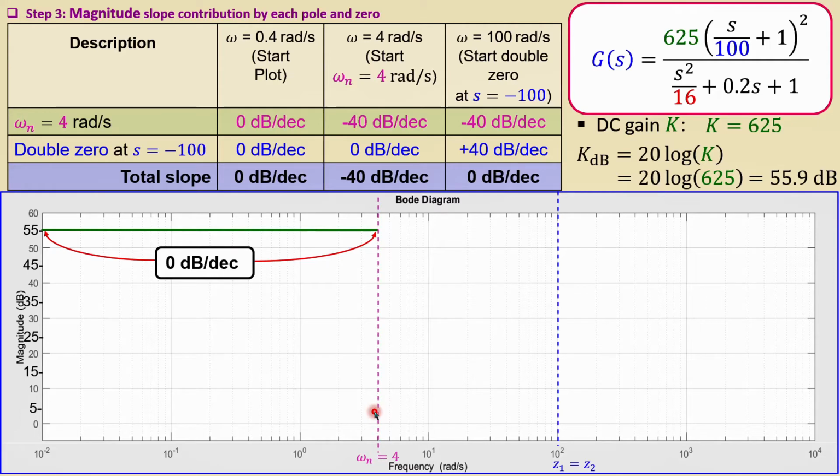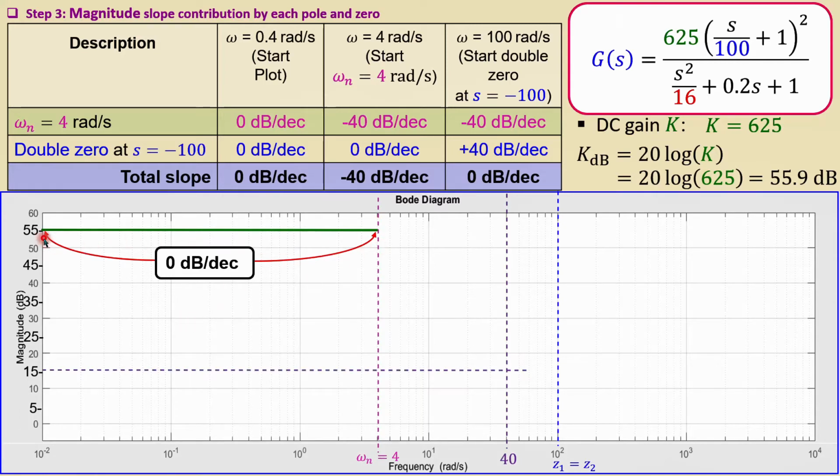The next segment is the part from 4 to 400. Now, in order to draw that more accurately, I have designated another point, which is 40, because that is 1 decade above. So from 4 to 40 is 10 times. So I will then draw that line.